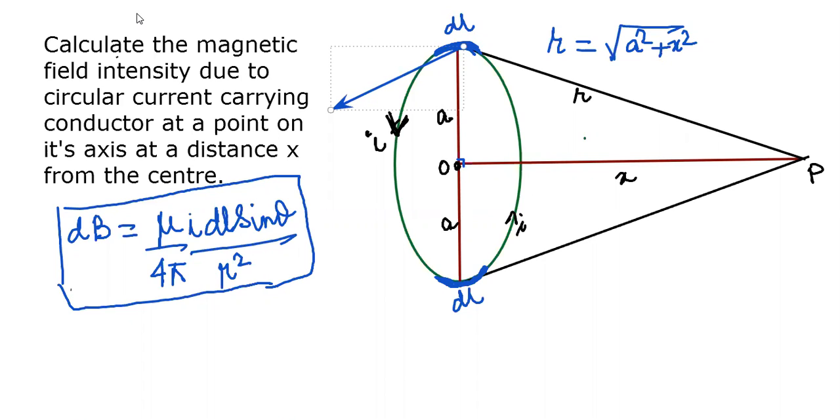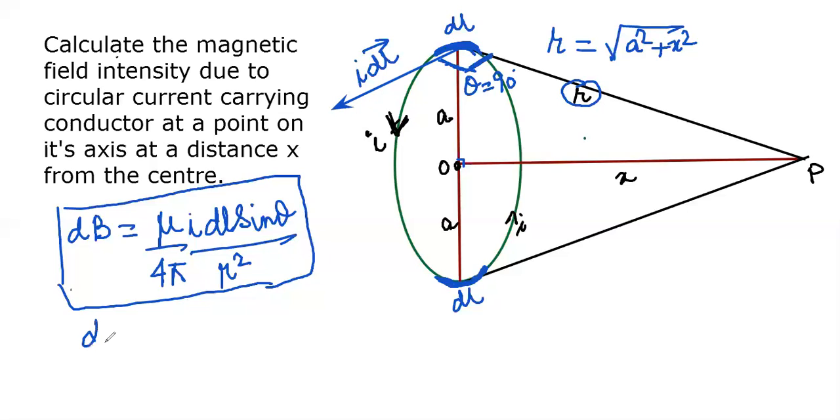So you can conclude from here, if I ask you what is the angle between the radius vector and this direction of the current element, the angle between them is actually 90 degrees. You can see very well this angle is 90 degrees. So in this equation of Biot-Savart law, I can write theta equal to 90 degrees.